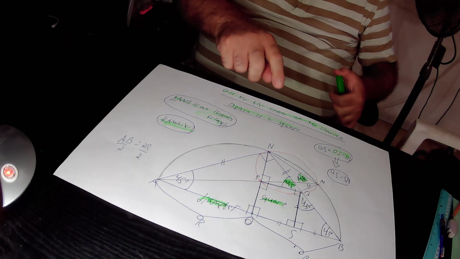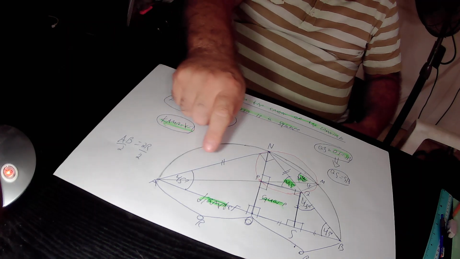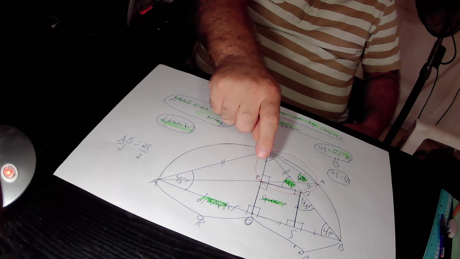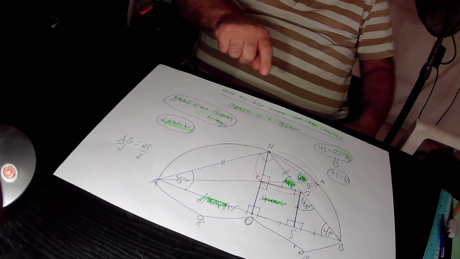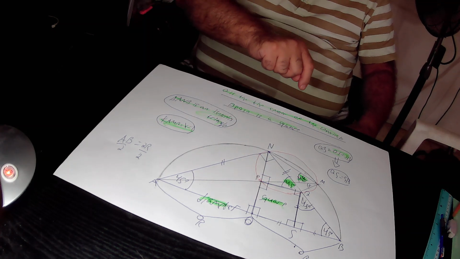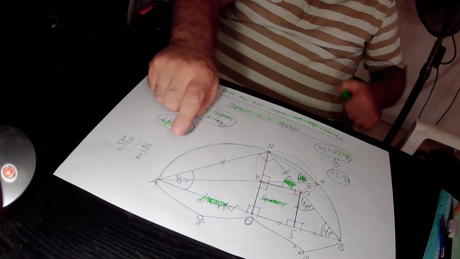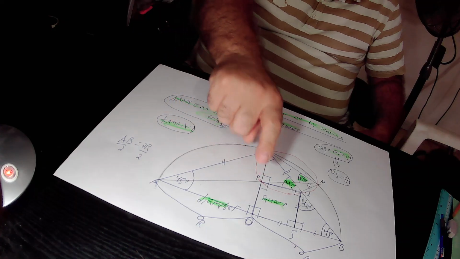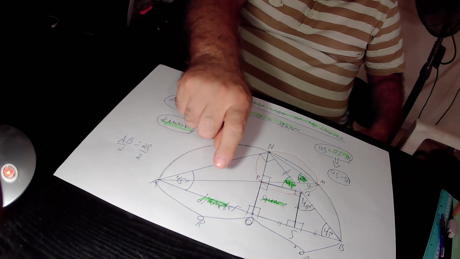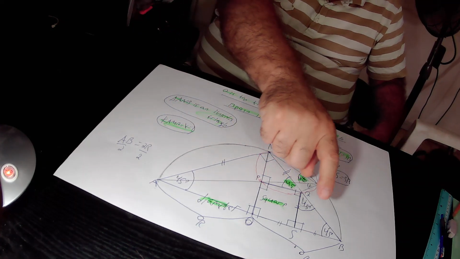So the midpoint of the diameter AB must be located at point O, that is the center of the semicircle. Okay? So the first half AO equals R, and the second half OB also equals R.